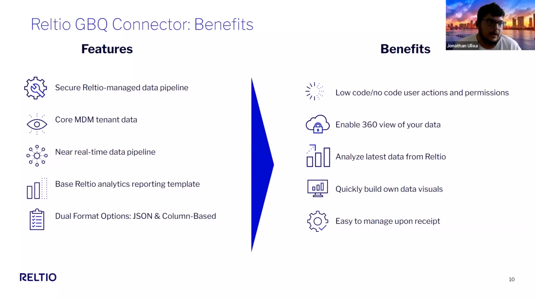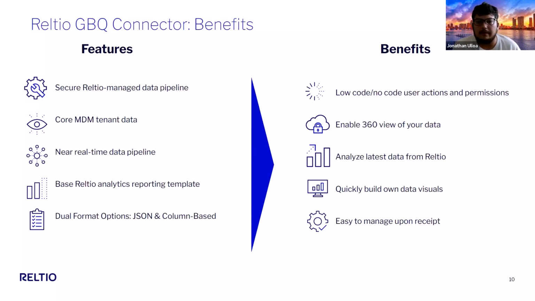Awesome. Cool. So I talked a little bit about this, that part of the connector experience is that it's a managed pipeline, right? You don't have to worry about it. This is pretty much out of the box. We provide the out of the box schema, the formatting, and the transformation into your GBQ project and data set. And so you don't have to worry about this aspect of things.